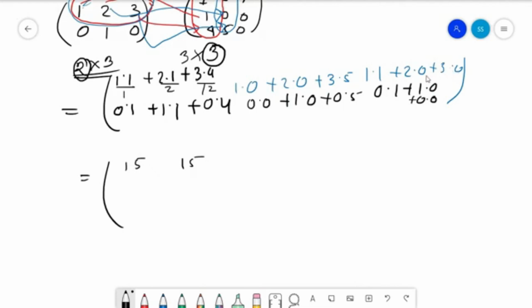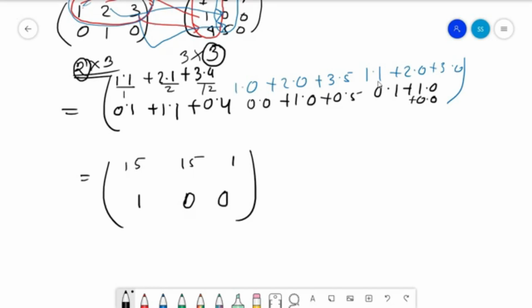By dot I mean multiplication. This is also 0, and this is just 1. So this is 1, this is 0, this is 1, and this is 0. So this is just 1. Oh, sorry, it should be 0 because they are all multiplied with zeros. And finally you can see that this is also 0 because all these numbers are multiplied with 0.